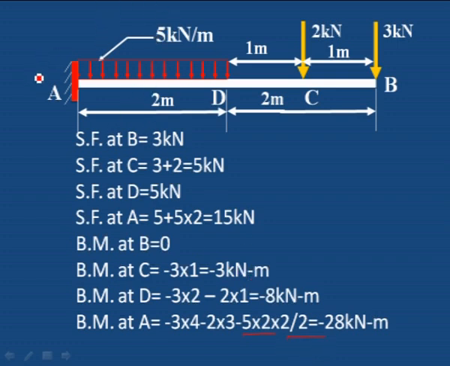So this force into its distance to A, and this force into its distance to A, and this force into its distance to A. That is 3 into distance, 2 into distance, and 5 kilonewton per meter into 2 into distance 2 by 2. Like that, we have to take the moment of all the forces towards point A to calculate the bending moment at A. 28 kilonewton meter is the bending moment at A.